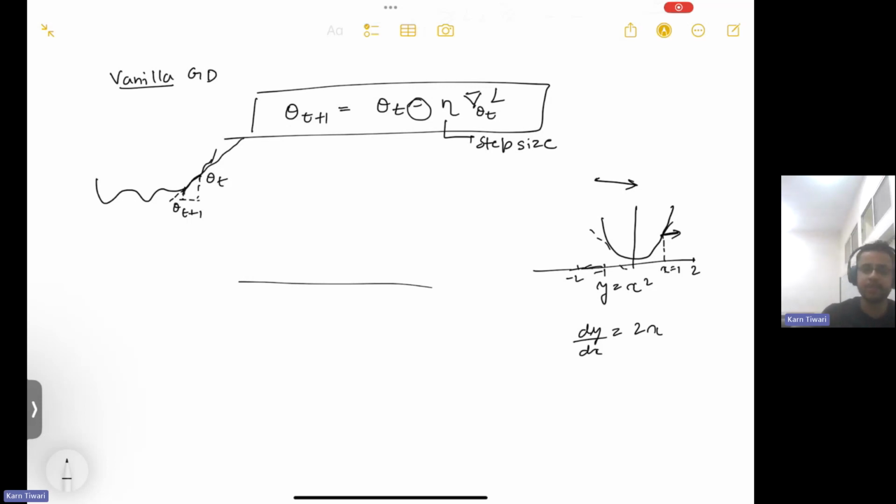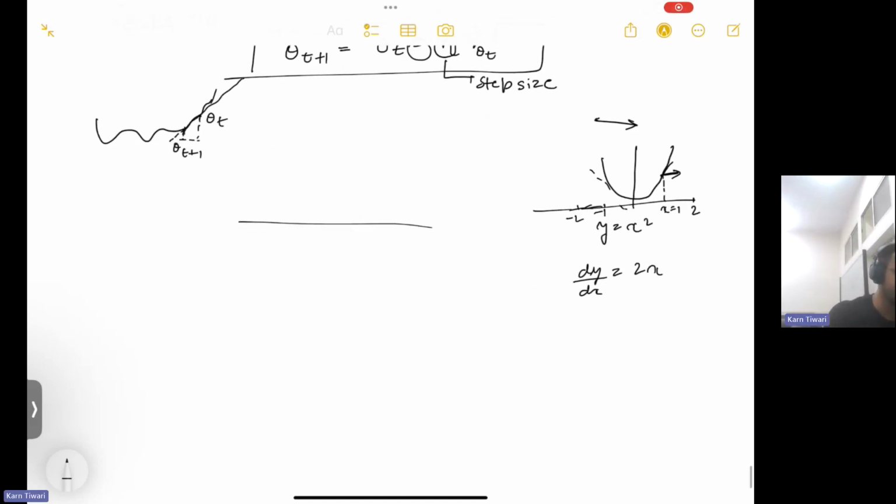He is telling that we need to move in this direction, so I'm just saying that yes, I need to move in that direction. That's why we are taking eta. And this del is, as I mentioned, the direction towards the minima. So how did we get this update?